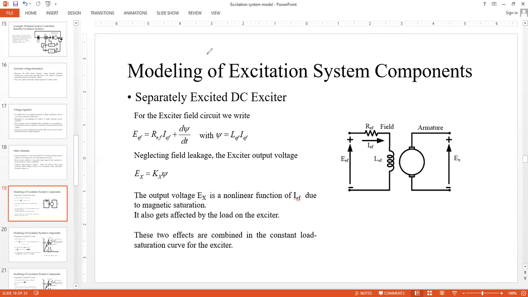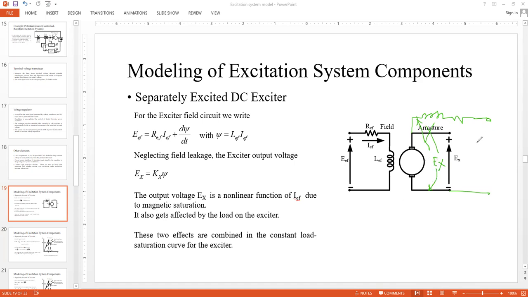The armature circuit, instead of this plain line, would have armature resistance and armature coil inductance, and then you have some voltage here. This voltage, from here to here, would be your EX in that case, that is the actual voltage.